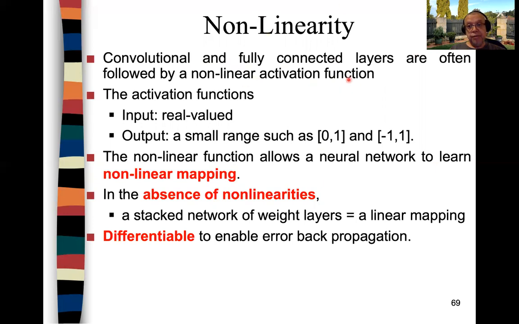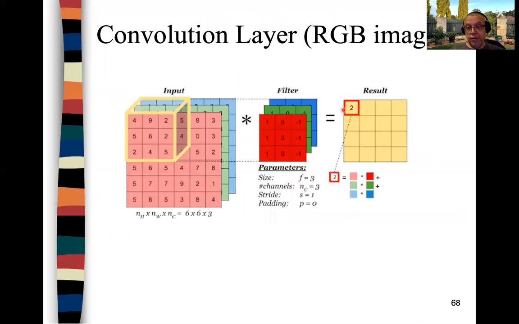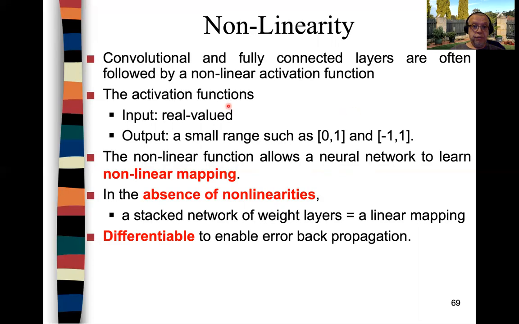For a fully connected network, you have the activation, which is the sum of the weight multiplied by the input plus the bias. That's the net activation that you feed to an activation function. So the same thing here: we feed the results of the convolution to the activation function.